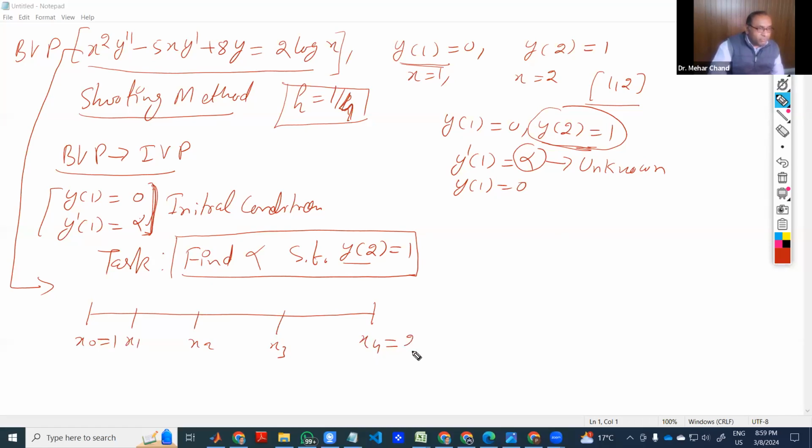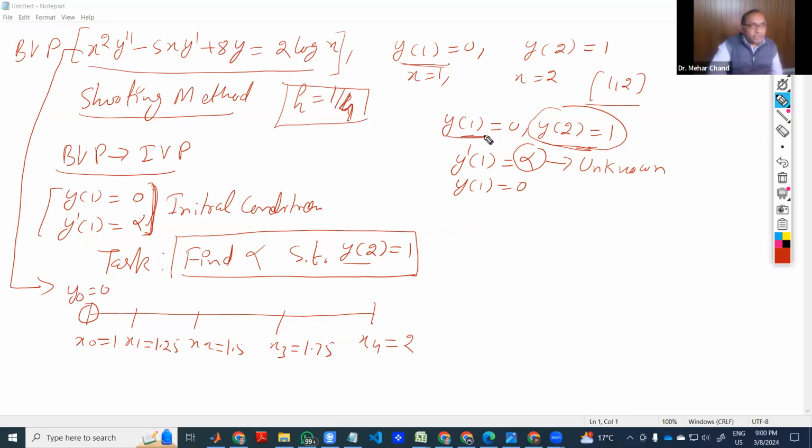X4 will be equal to 2, x3 will be 1.75, x2 will be 1.5, and x1 will be 1.25.